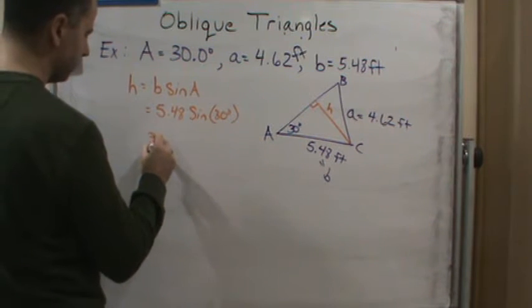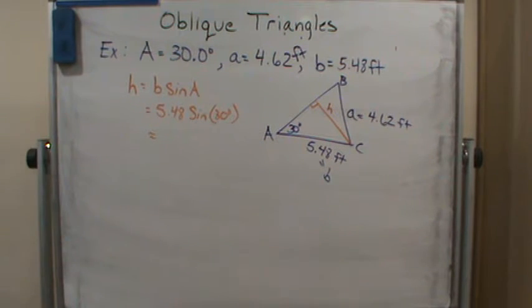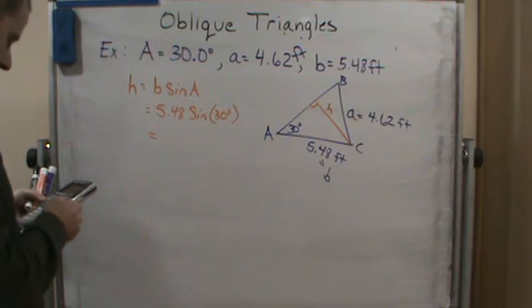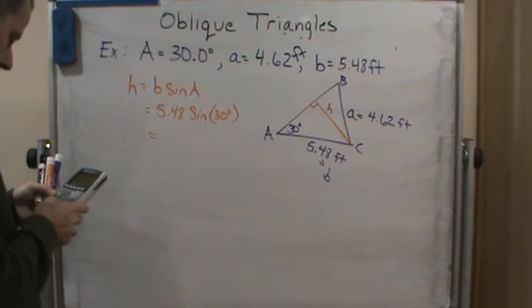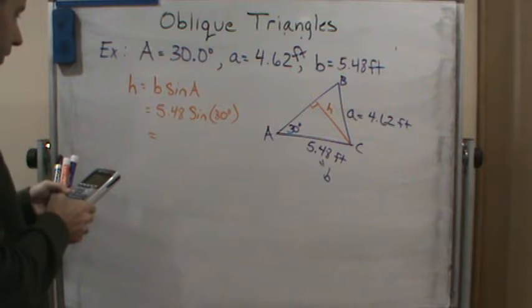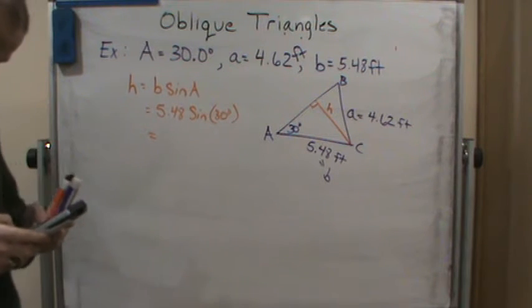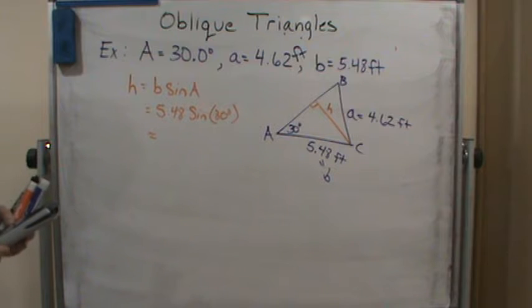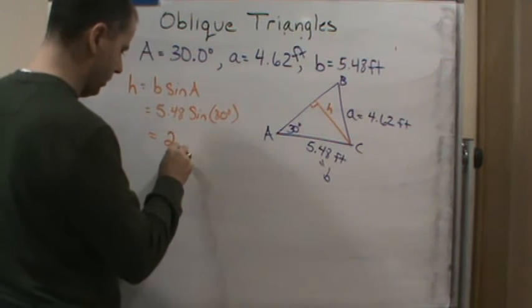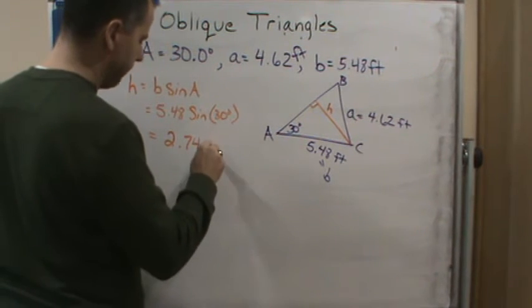So let's look at this. h turns out to be what? 5.48 times sine of 30, which is a half, so 2.74 feet.